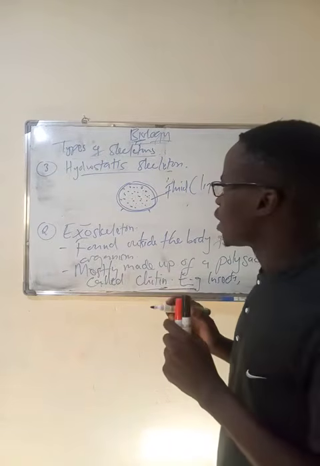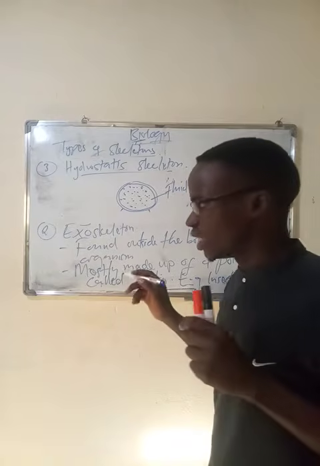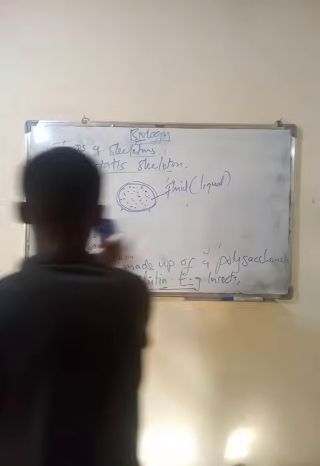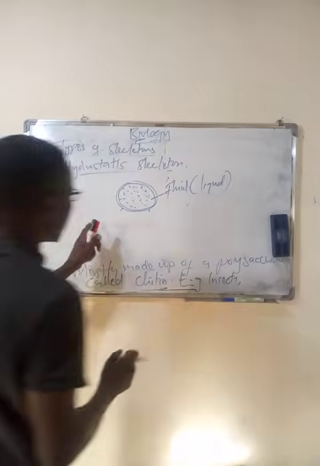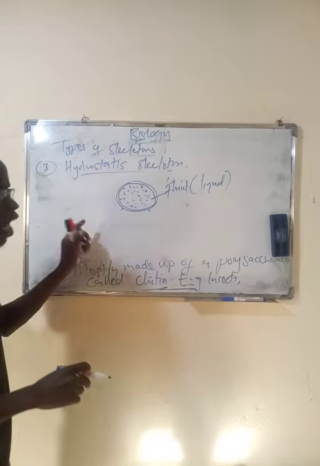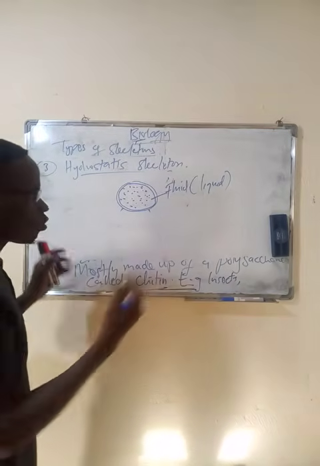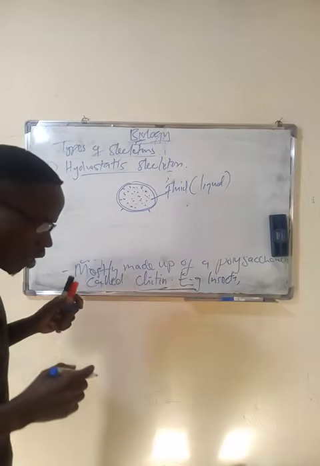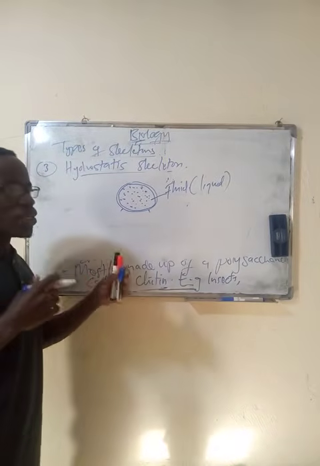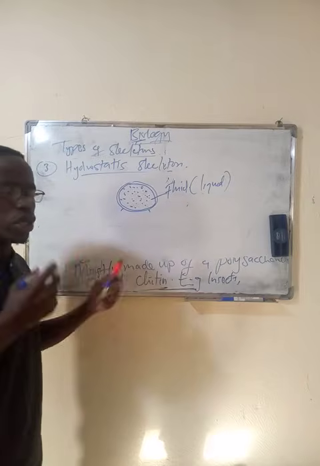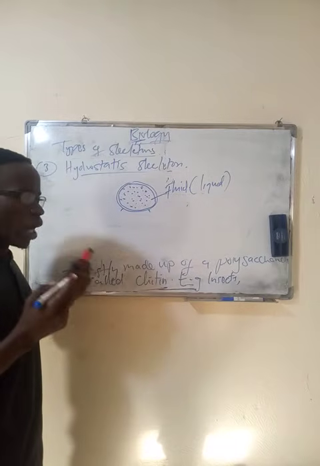So what happens is that pressure is transmitted. Once pressure is applied at one point, it's transmitted to all other parts of the organism, right? So that's what is going to aid the movement of that organism.